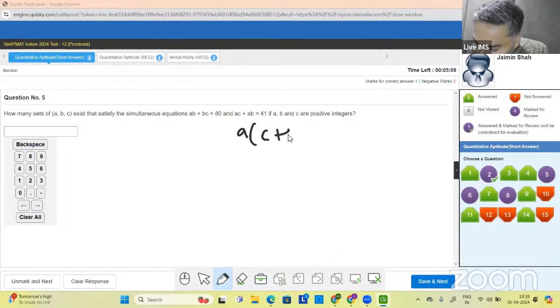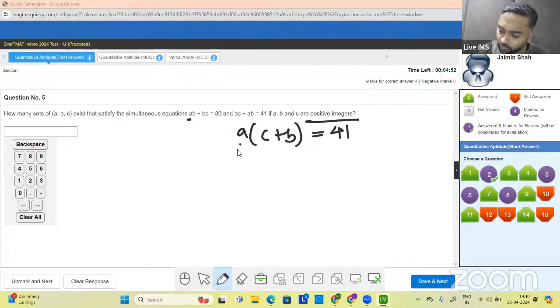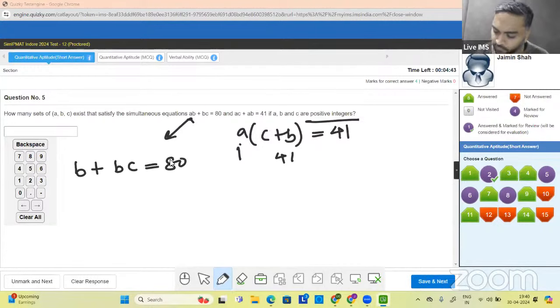A common, C plus B is equal to 41. अब A तो 41 नहीं हो सकता है, because if A becomes 41, this become 41. If A is 41, then C plus B cannot be 1 because they are positive integers. So this is 1 and this is 41. So this equation will be B plus BC is equal to 80. A is 1.